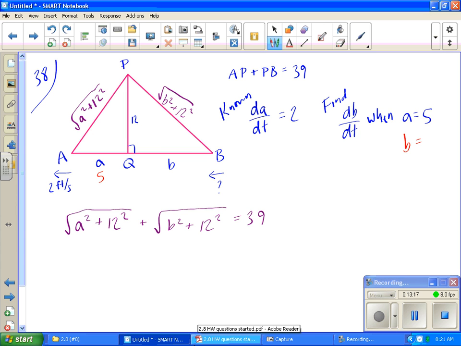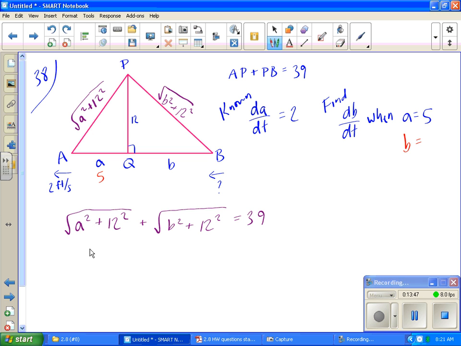And now we take the derivative. So it is ugly. I was hoping that there would be a cleaner way to go about it, but why does it work? I feel like it's good because we have dA dt here, and we're trying to find dB dt.